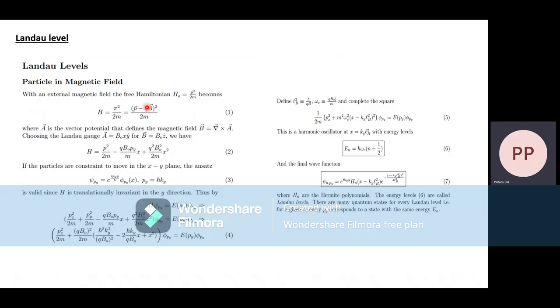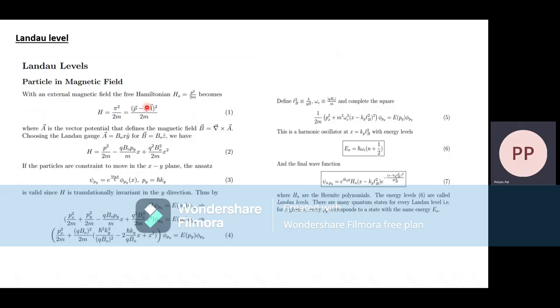Okay. So there is another thing: you will have some choices of gauges. Let's say I'm choosing the gauge called the Landau gauge. You just need to choose one particular value for the vector potential, that is A equals B naught x y cap.